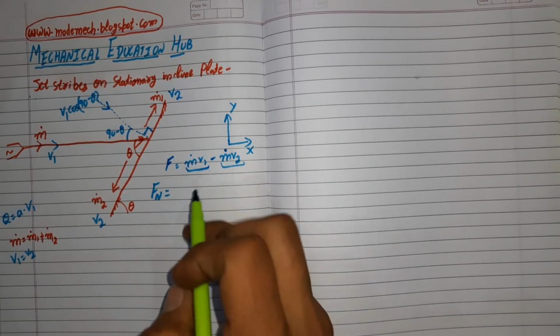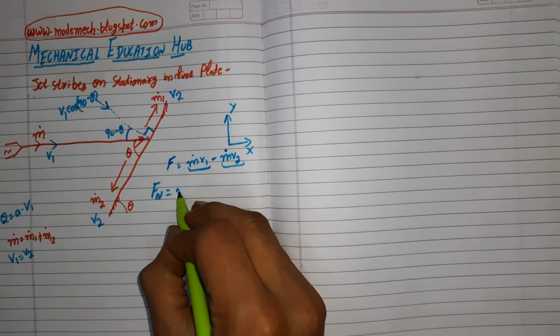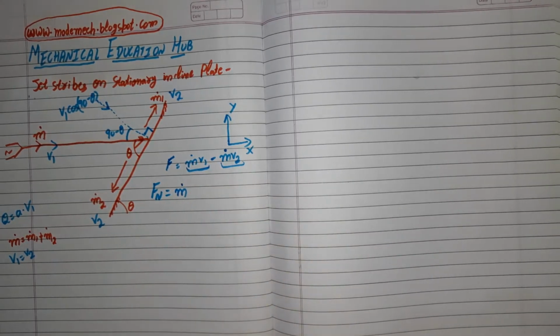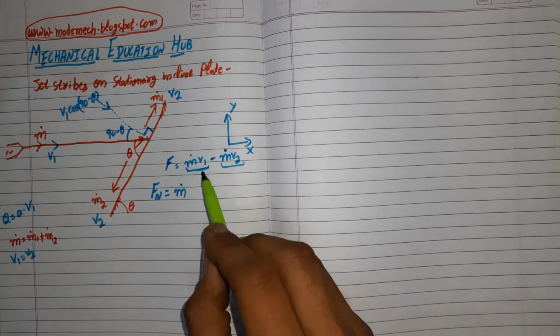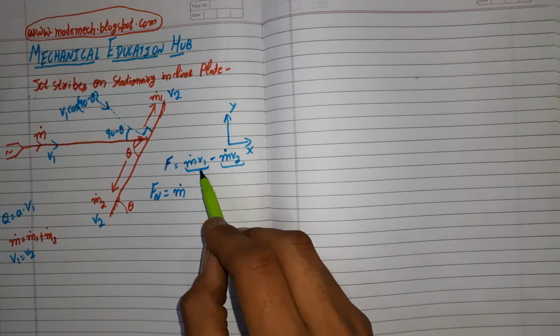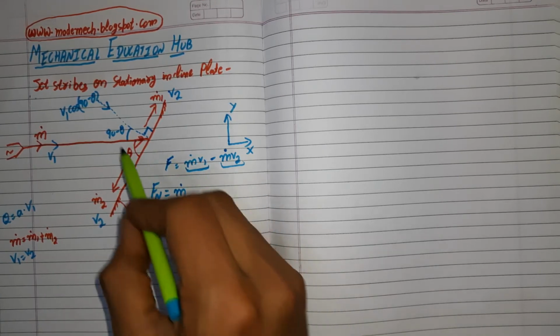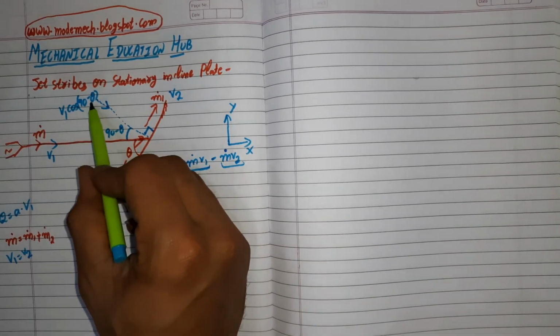Now from here, mass flow rate is m dot, and in the normal direction our entry velocity will be v1 cos 90 minus theta.